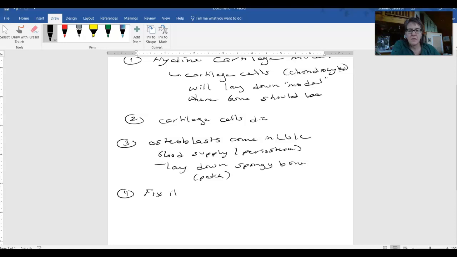So osteoblasts might come in and convert spongy bone to compact bone and those repeating units of the osteons.